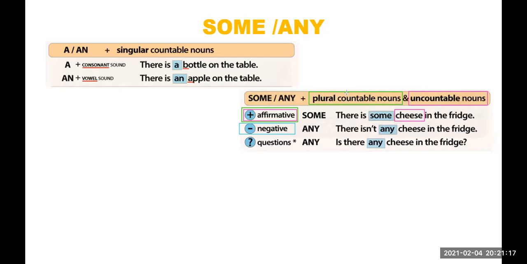Apples is plural and is countable. So for negative sentences, we can use any. And also, we can use any for questions. Is there any cheese in the fridge? Or are there any apples in the fridge? Ok, entonces utilizamos some y any para plurales contables y para incontables.